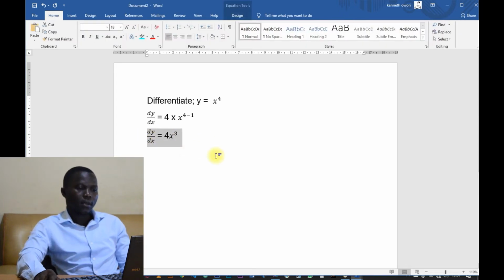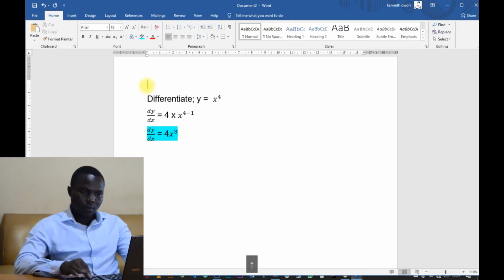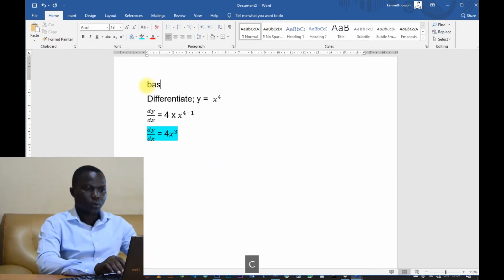And this is how the result comes up if you differentiate x power 4. The derivative dy dx would be 4x cubed. That is how we deal with derivatives using the basic rule.